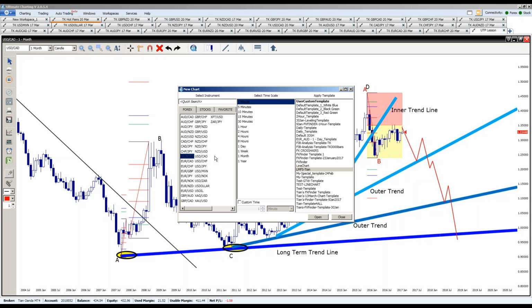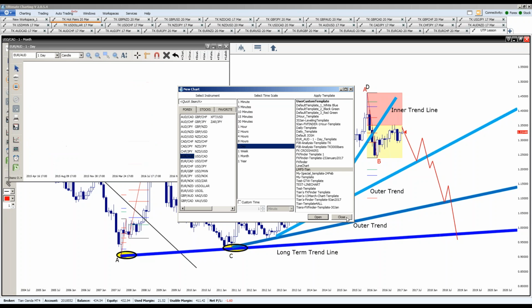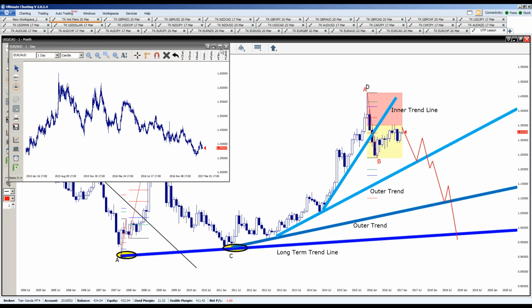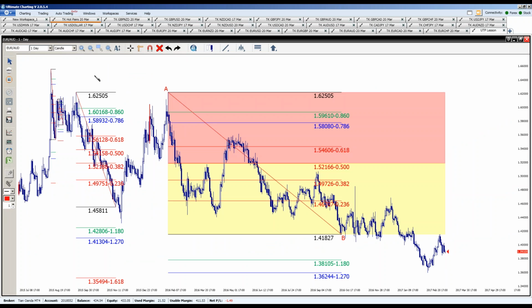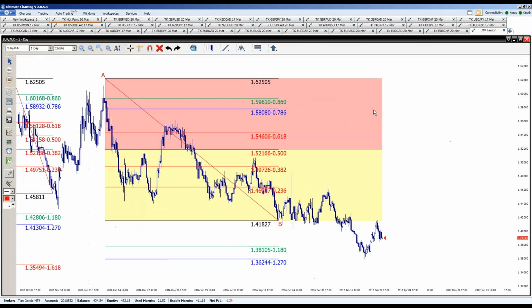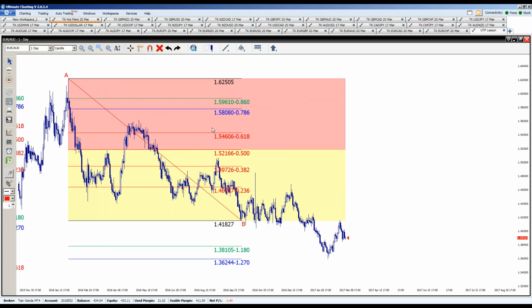To give you an example, there's the down AB boundary. Now look at this. A, B, super shallow C. There.